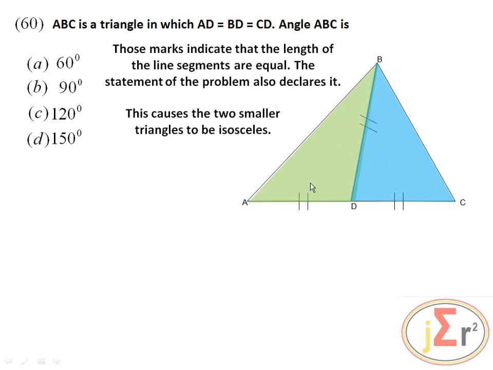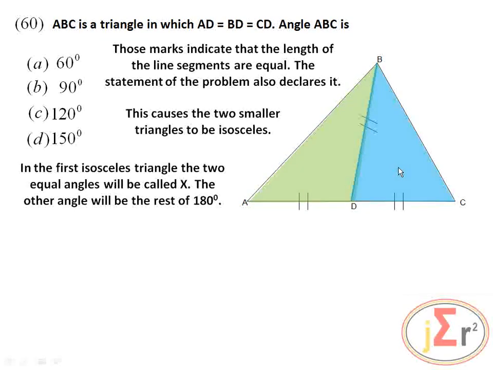In the first isosceles triangle, the two equal angles we call x. The other angle, which does not play too much part in the rest of the problem, is the rest of 180 degrees. So this angle is 180 degrees minus x minus x, which is 180 degrees minus 2x.